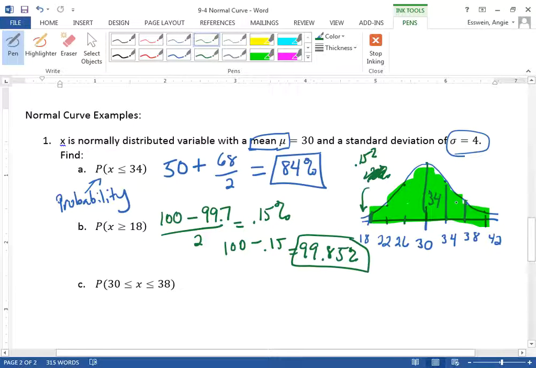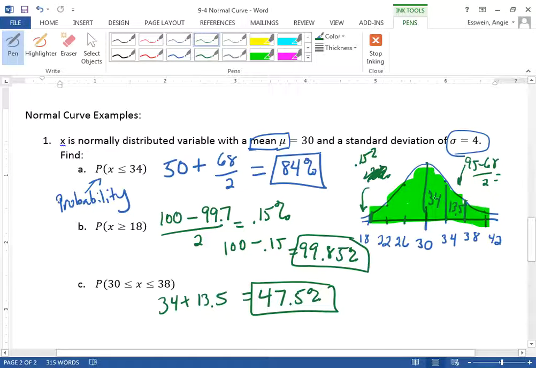And we can find this by doing 95 minus 68 over 2, which is 13.5. So you basically just add up 34 plus 13.5. And you get 47.5%, which looks like a little less than half. So it makes sense that would be it.